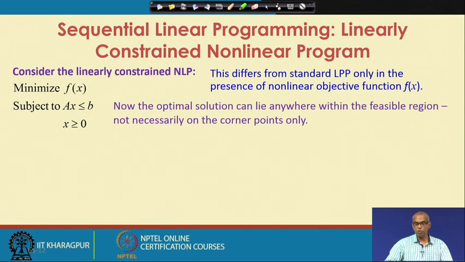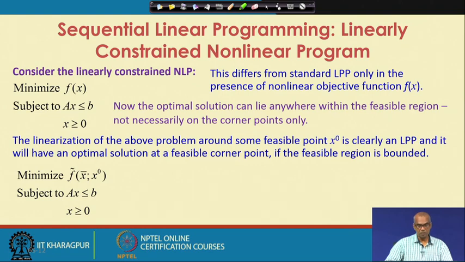So, now the optimal solution can lie anywhere within the feasible region, not necessarily on the corner points only. For a linear programming problem, the optimal solution will always lie on the corner points, but for a nonlinear programming problem, the optimal solution can lie anywhere within the feasible region, including the corner points.